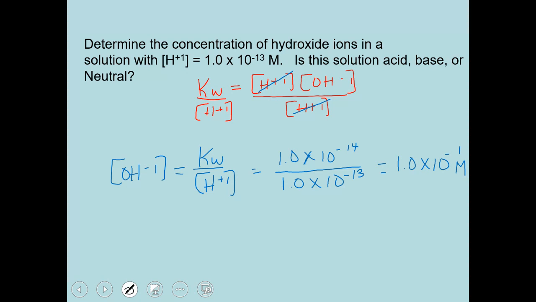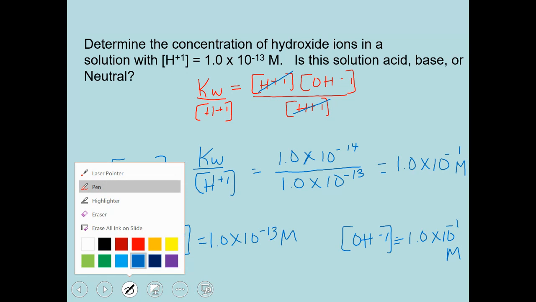So now we know that the hydrogen is equal to 1.0 times 10 to the negative 13 for its molarity. And the hydroxide is equal to 1.0 times 10 to the negative 1 molarity.